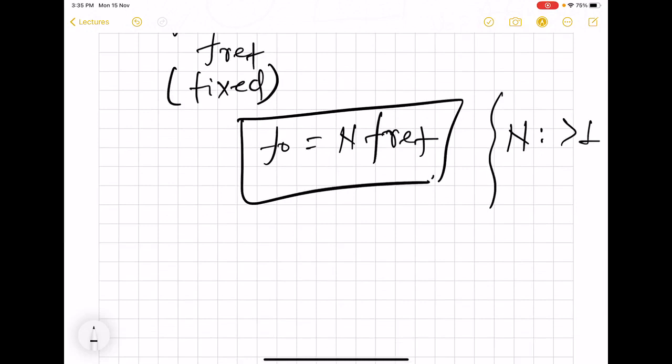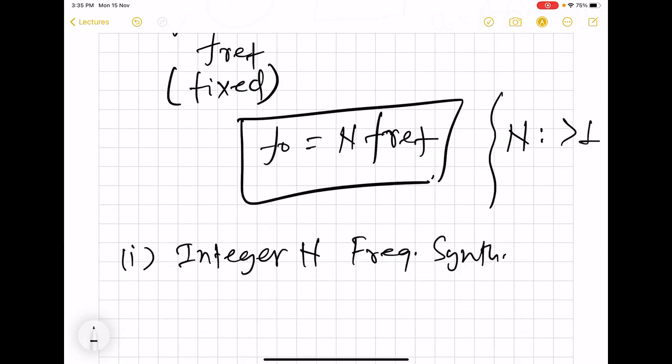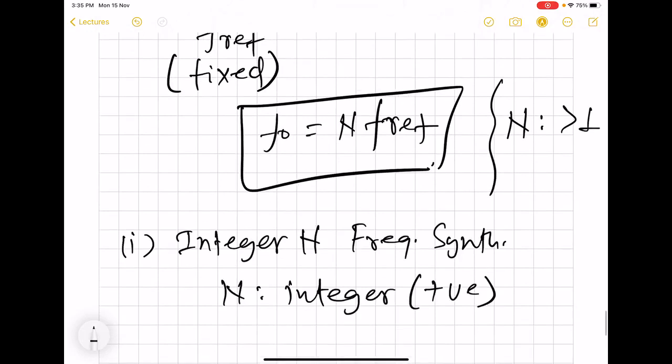So based upon this N, these frequency synthesizers are broadly subclassified into two subclasses. First one is called integer N frequency synthesizer. And as the name suggests, here N is an integer, of course a positive integer.